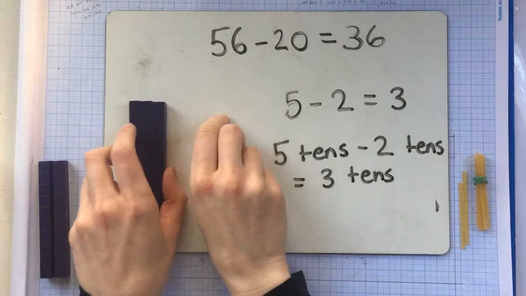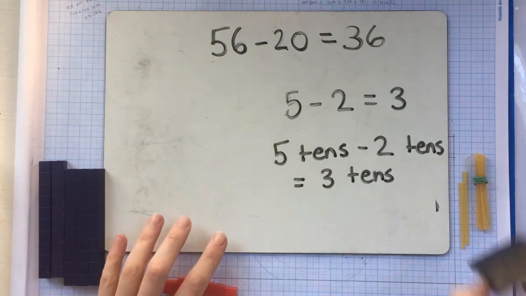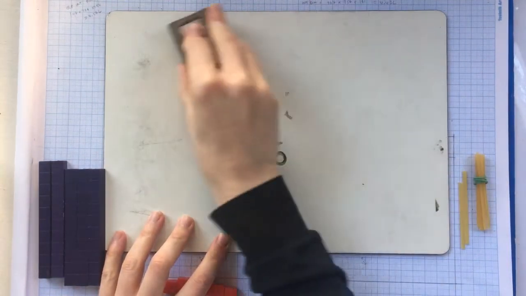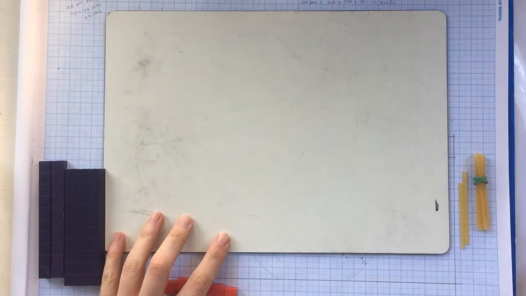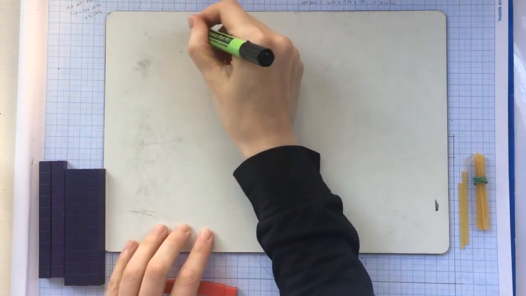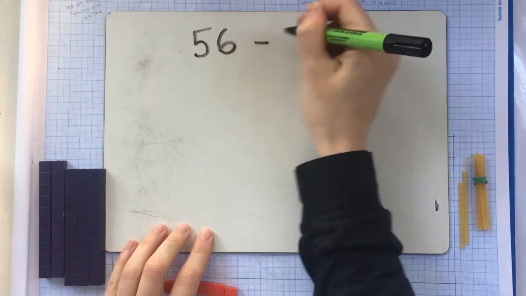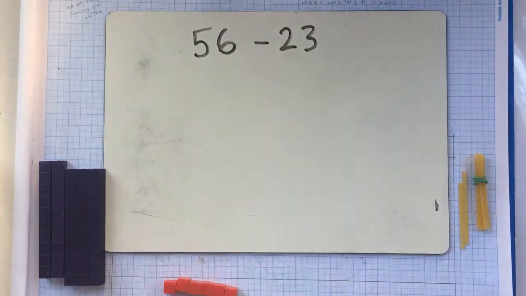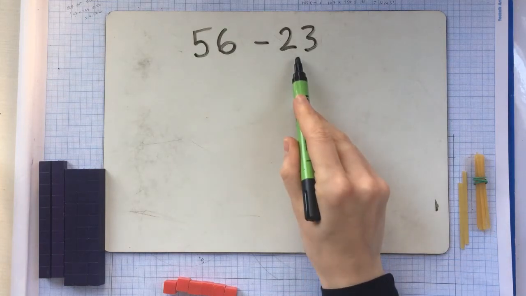So the next stage is to move on to subtracting a 2-digit number. So for example, if we've got 56 and this time we're going to subtract 23. And again, just like with the addition method, we will get children to think about partitioning or splitting that 23.